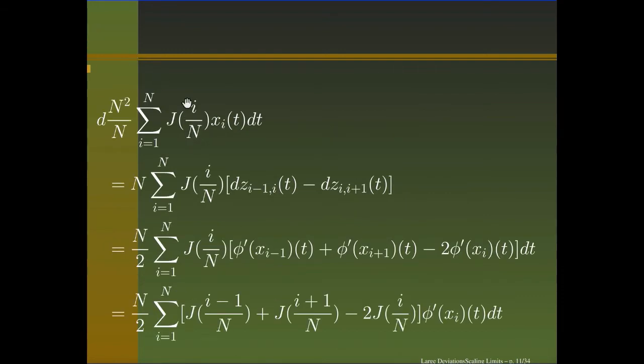The first line just tells you you're computing it and multiplying by n squared because you have speeded up the time by a factor of n squared. And you apply the formula for xi t, and that's the second line. In the third line, I omitted the noise term, and a simple calculation tells you that the noise vanishes as capital N goes to infinity.